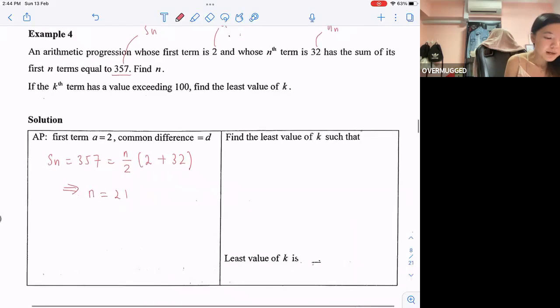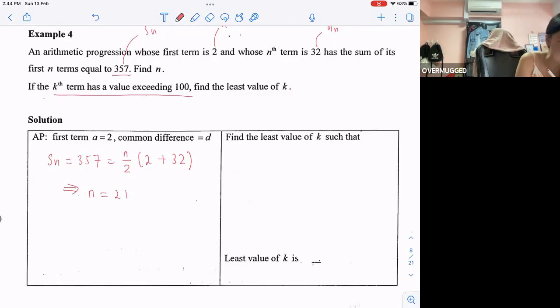The next one, they say, if the kth term has a value exceeding 100, find the least value of k. The kth term has a value exceeding 100. In other words, Uk is more than 100. For me to define Uk, I need the common difference.